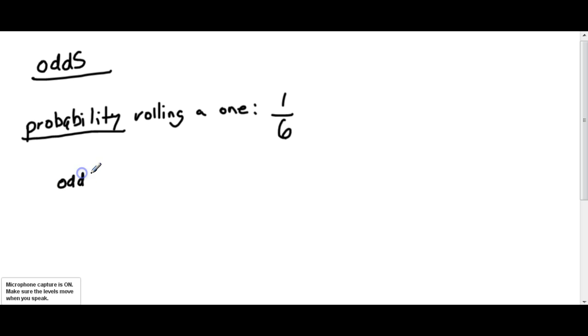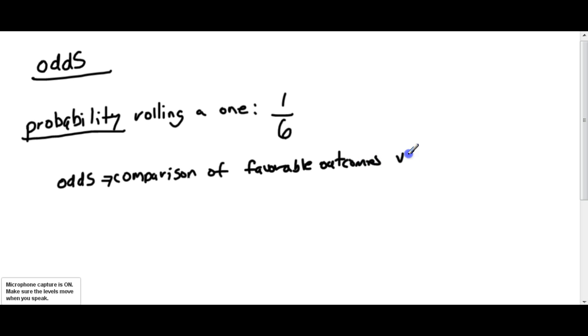Odds, however, are something a little different. Odds are just a comparison of the favorable outcomes versus unfavorable outcomes.